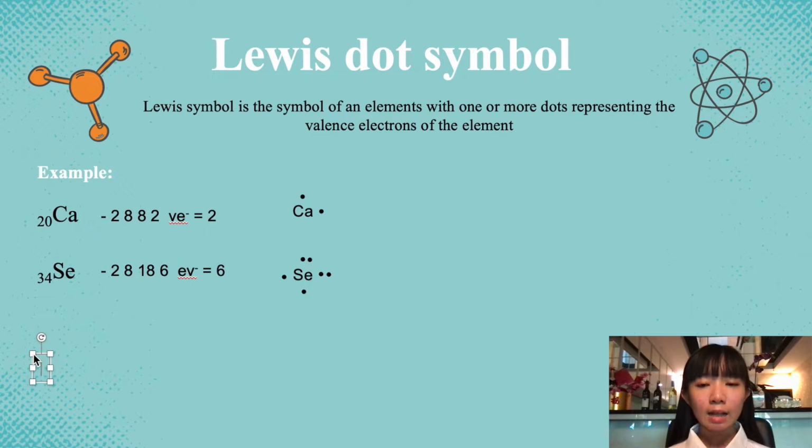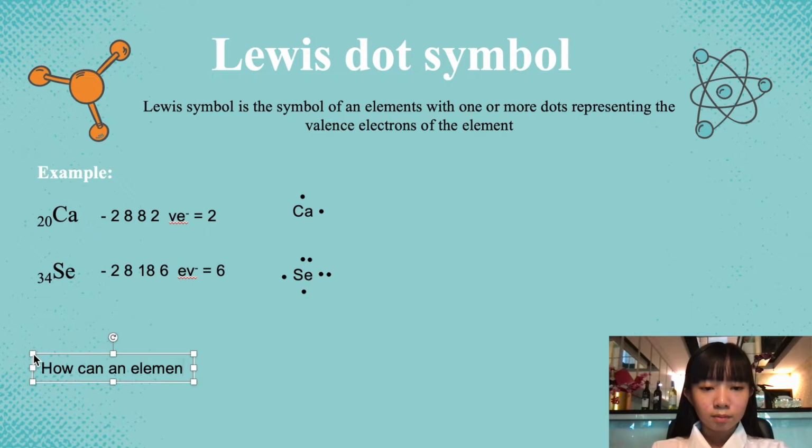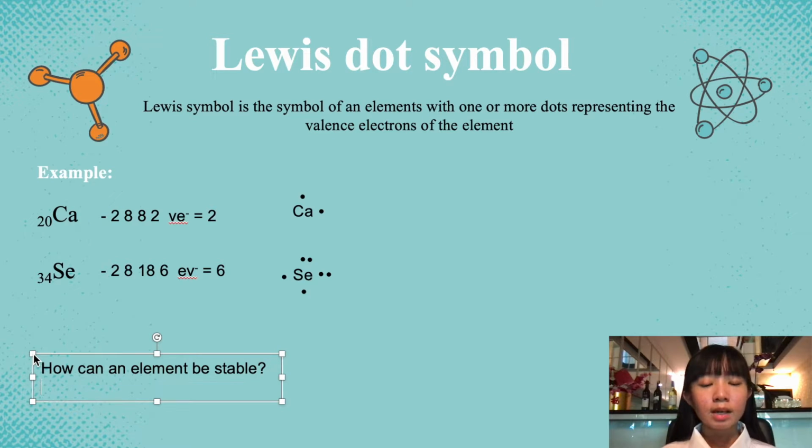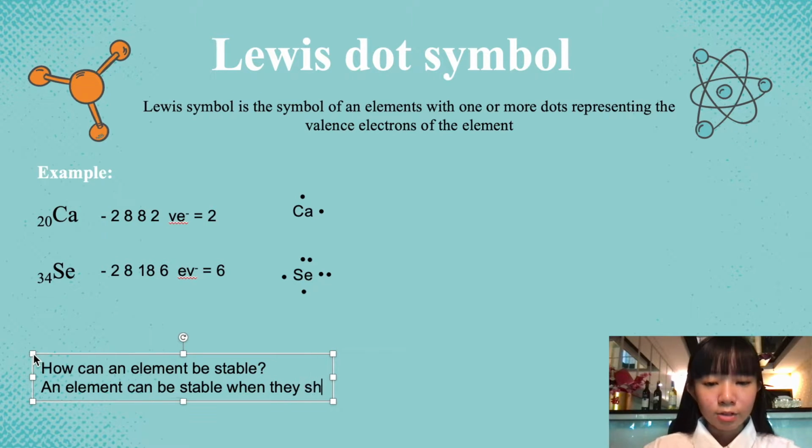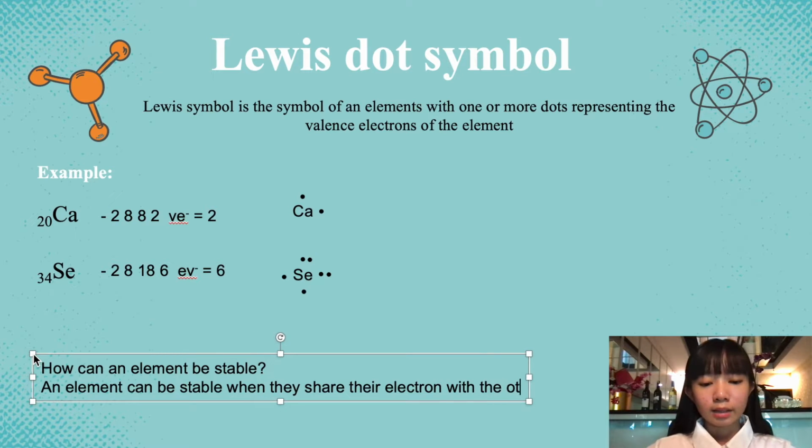Now, how can an element be stable? The answer is an element can be stable when they share their electrons with the other atom.